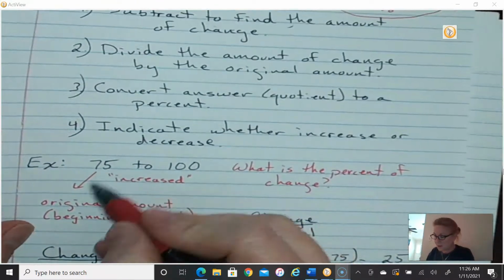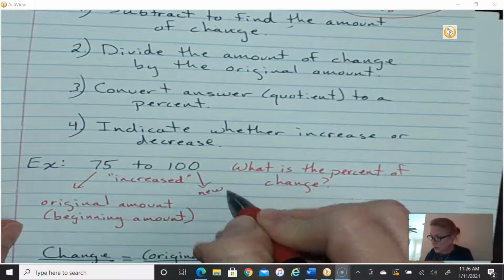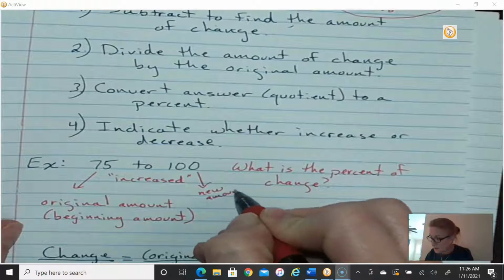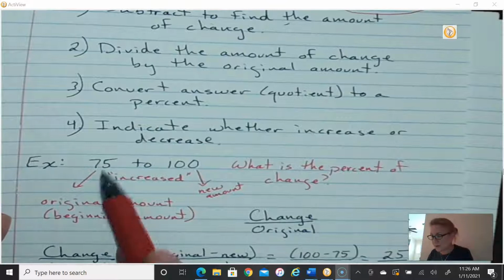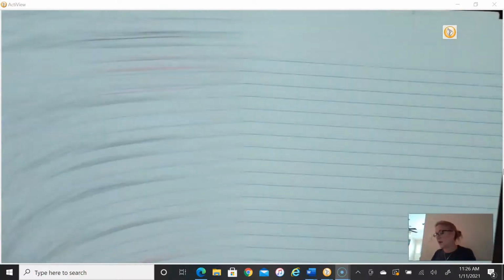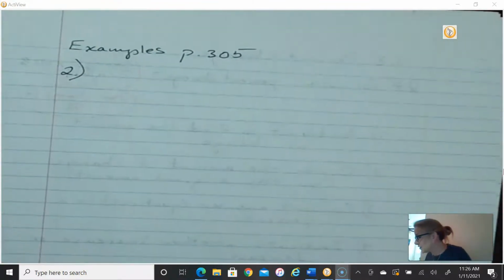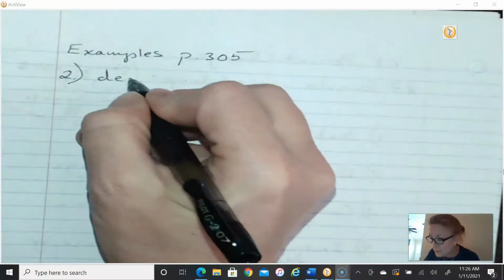This is the original amount. The 100 would be your new amount. So 75 is your original. 100 is your new amount. Okay, so number 2, the directions say calculate the new amount. They tell you there's a decrease.